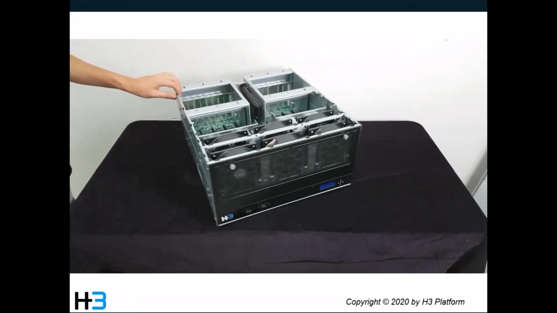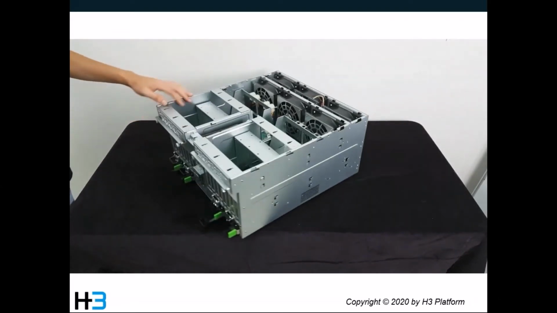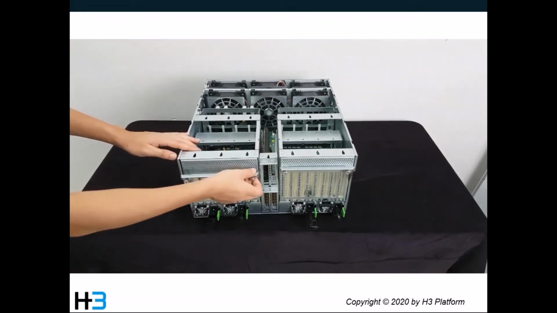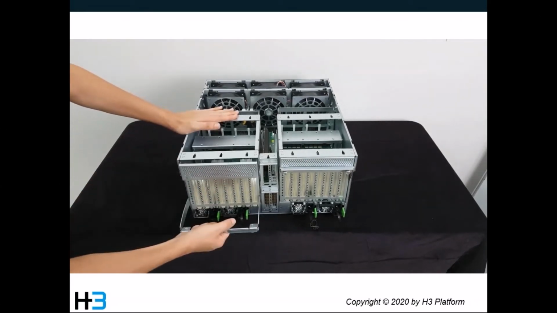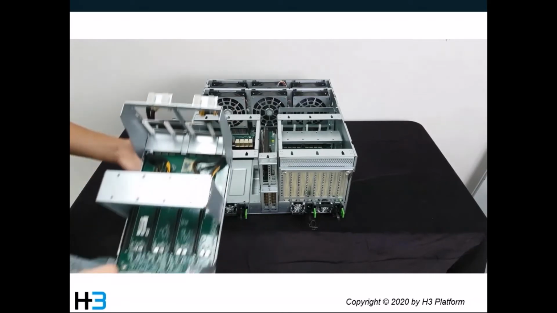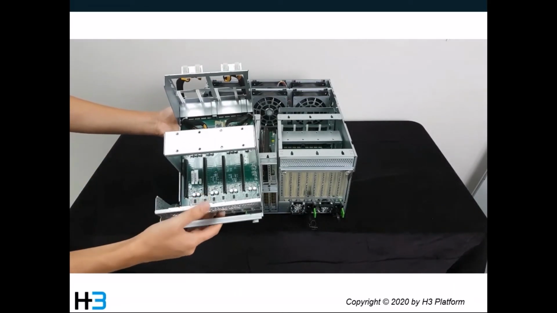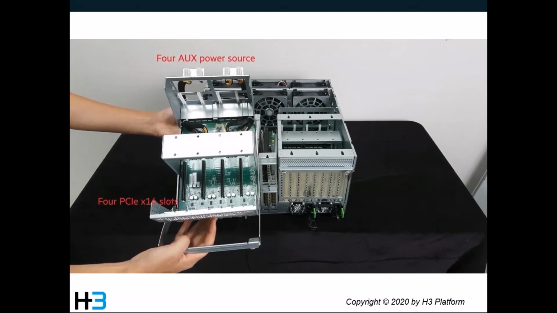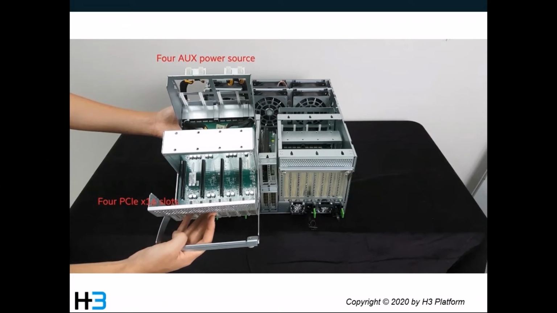Now let's turn to the back of the chassis. And we can unscrew the handle to pull the drawer out. And as you can see here, there are 4 x16 PCIe slots in the drawer. These are for the GPUs.